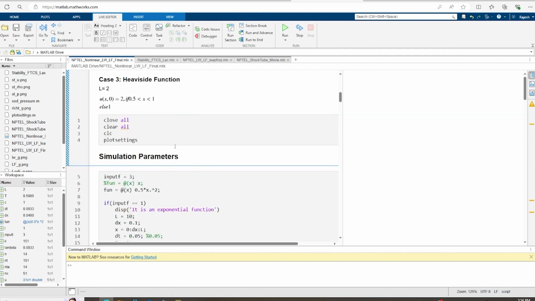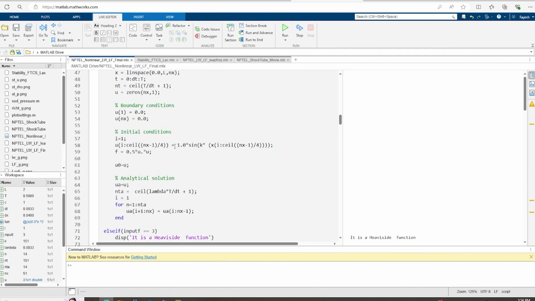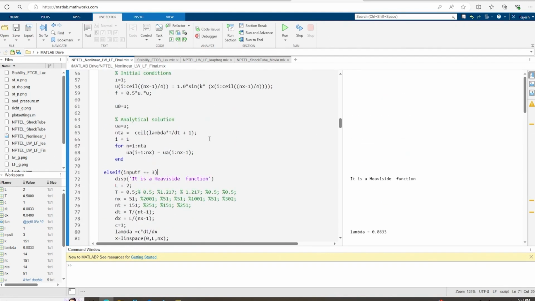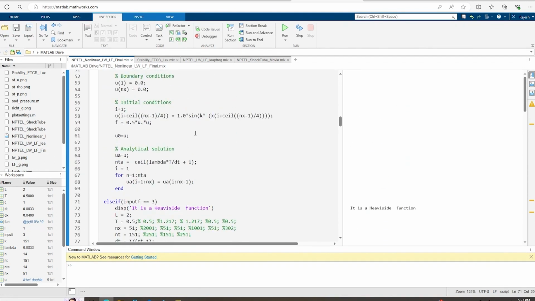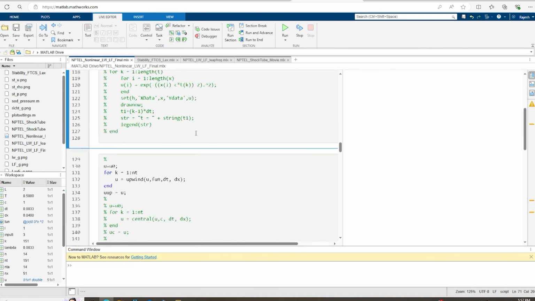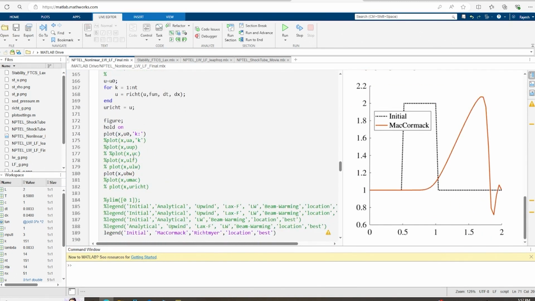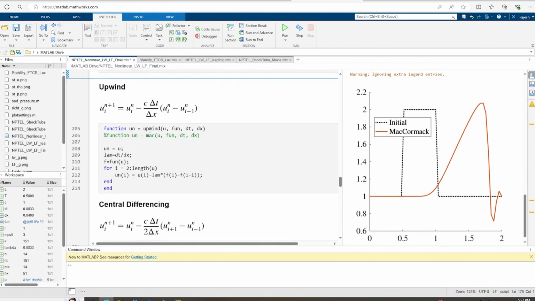So, let us start one by one. We will start with the Heaviside function, or the step function, and let us see how they behave. We already know the initial condition, and I will start with the upwind scheme. Before that, I want to show you the code. I have changed it.